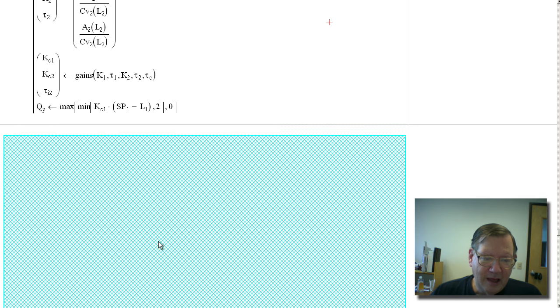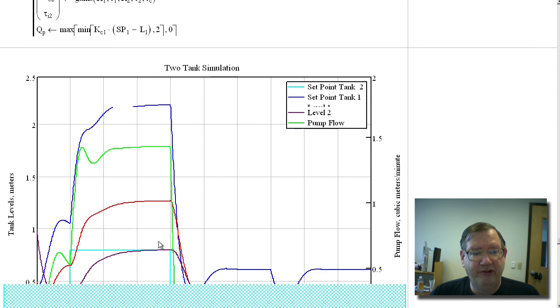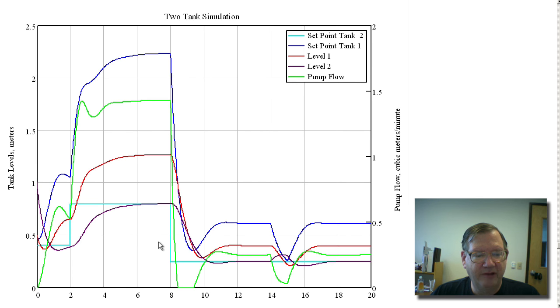So here you can see the response, and even though this system is very nonlinear, I get a nice exponential response. It doesn't overshoot here, mostly because we're not saturating. It's possible that a Butterworth filter or Butterworth coefficients will overshoot, but because the time constants are relatively slow, there is no overshoot.